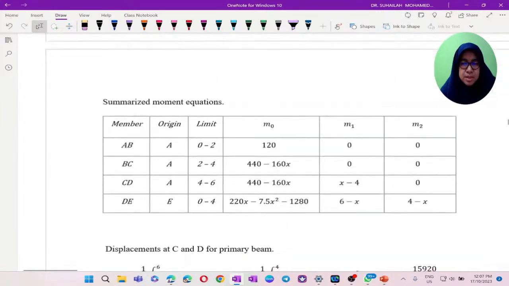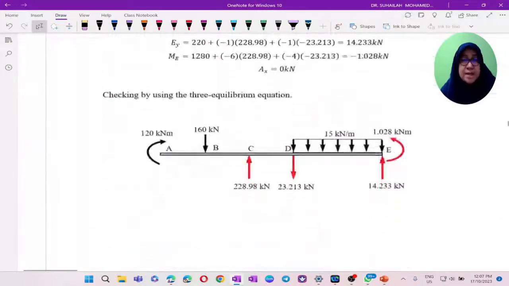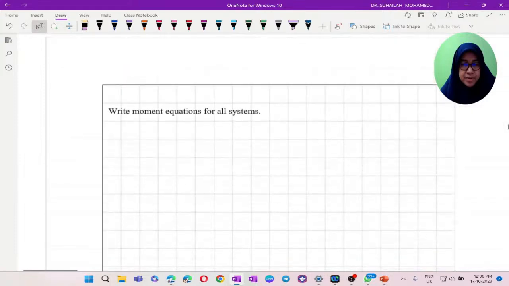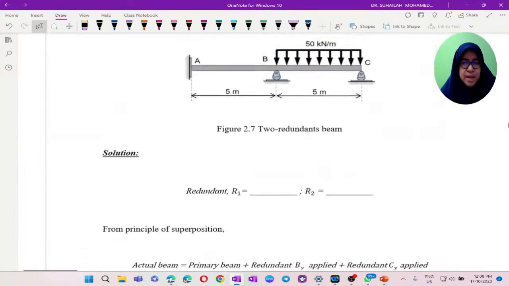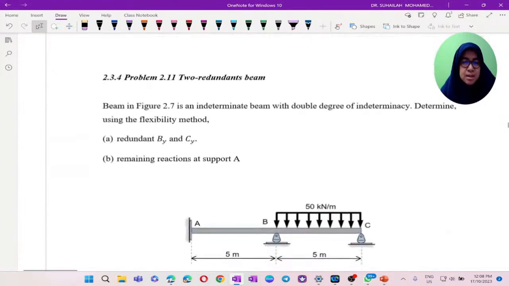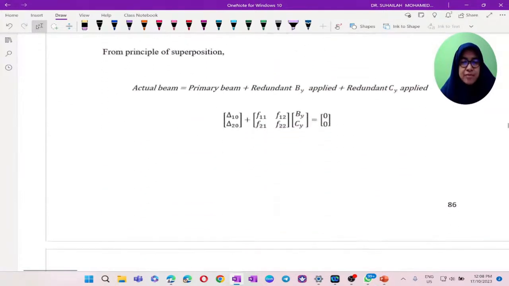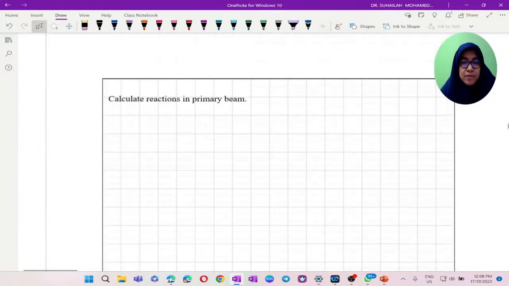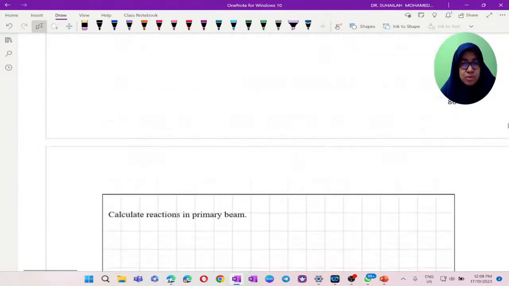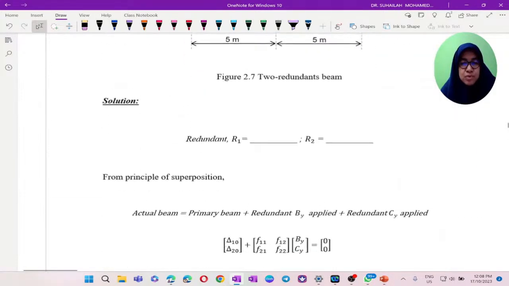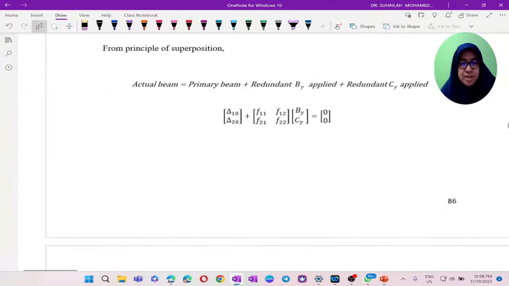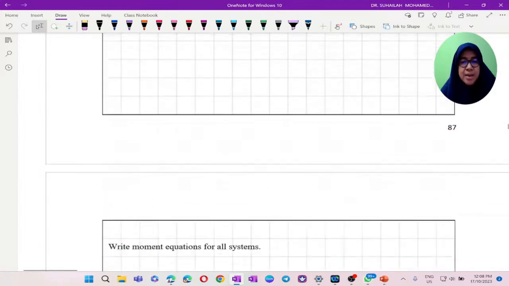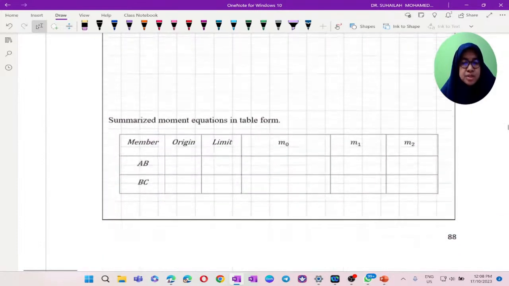So this is another example given. Please try to answer this because I have put guidance on how to solve it step by step. You just need to follow: label, choose redundant, what is the equation, what is the next step, the second step, and then the equation.